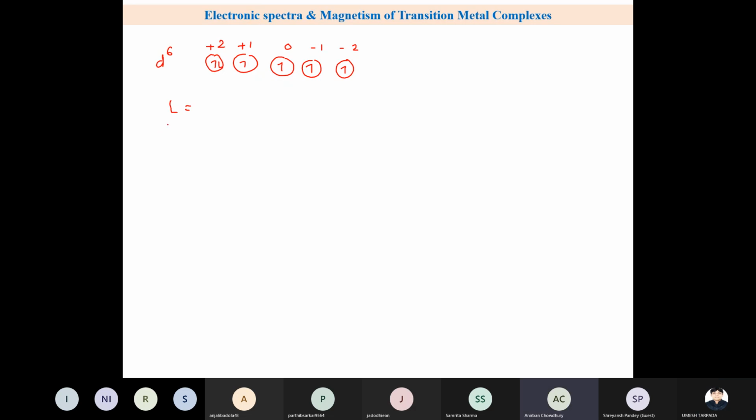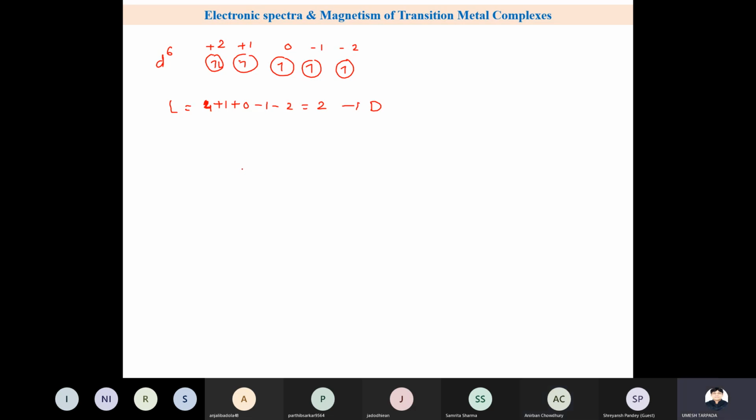For L: 2 into 1 is 2, 1 into 1 is 1, 0 into 1 is 0, 1 into minus 1, and 1 into minus 2, so L is 2. If L is 2, then the term is D.